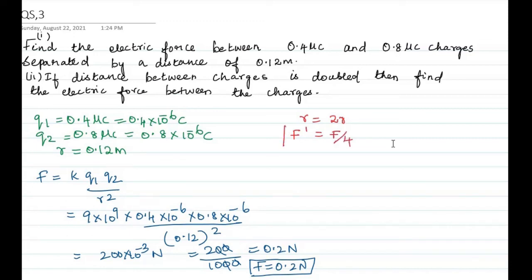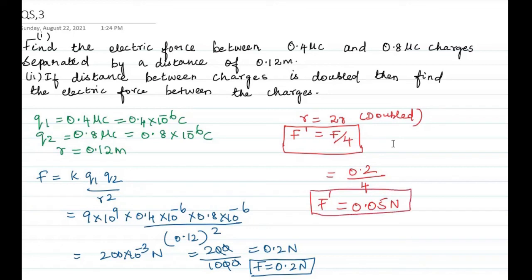We have derived this, right? So just substitute the value. F value is 0.2 divided by 4, which is equal to 0.05 N.